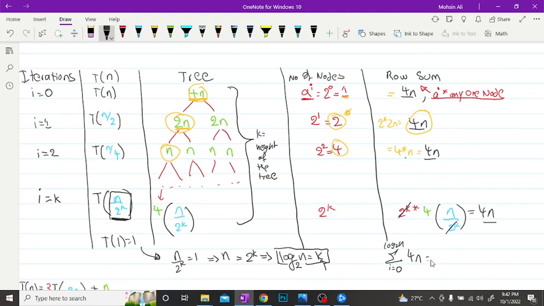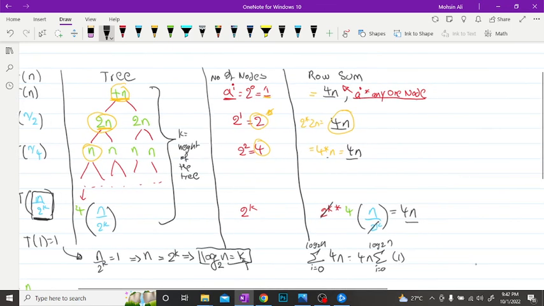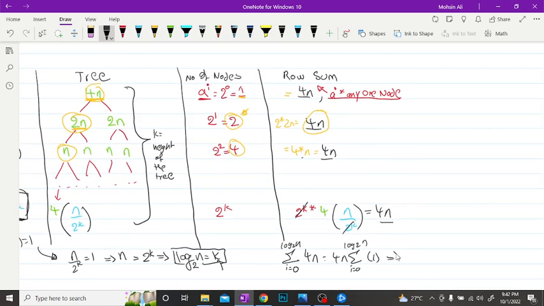By the rules of summation, we can rewrite this by writing i equals 0 to log n and keeping 4n outside, and the sum of 1 can then be written as 4n times log n. This is the entire row sum that we're going to get for the entire tree when we reach the base case. And the time complexity of this, ignoring the constants, is just going to be O of n log n.